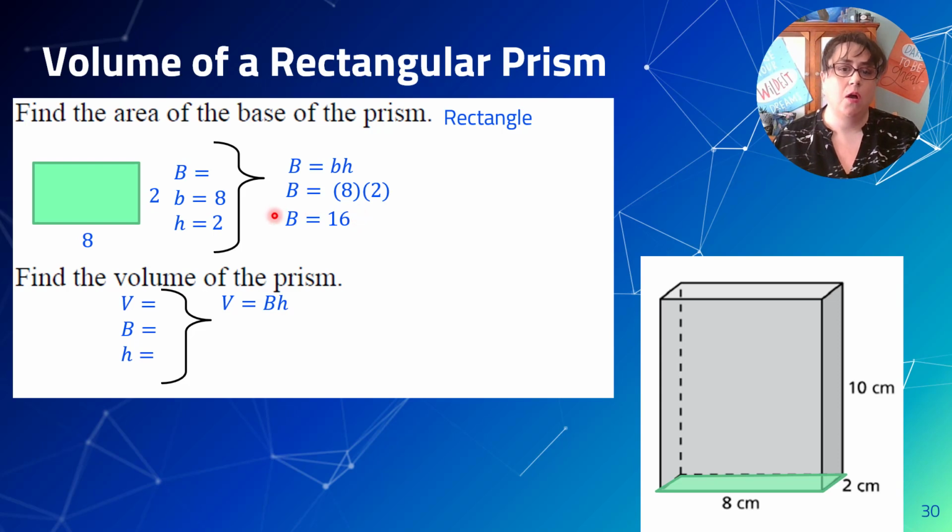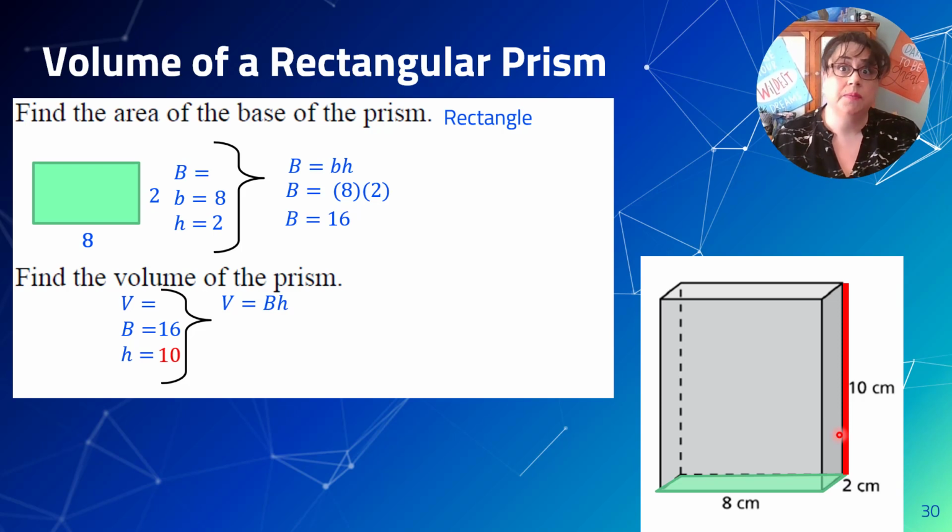So now that I know base area, or big B, I can actually put it here. And this is why it's really important to keep track of what you've already used. I've already used the 8 and the 2 as my base area. My 8 and 2 here is my base. So that means that's what I'm calling my base. And my height always connects up my bases. So my height then has to connect those up. So my height is the 10.